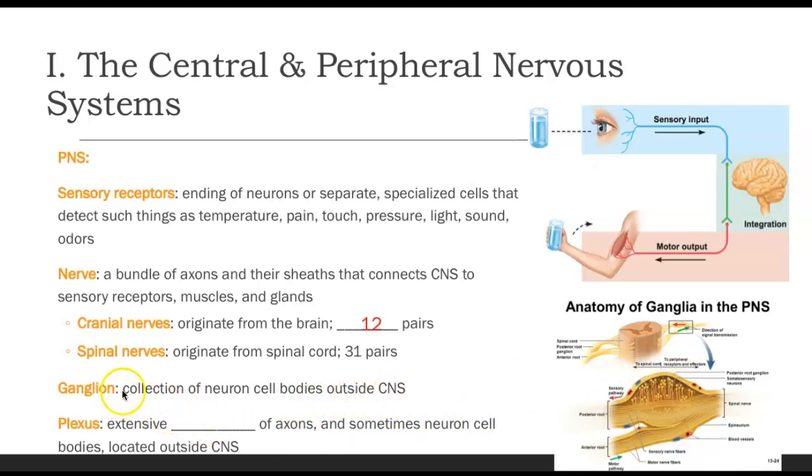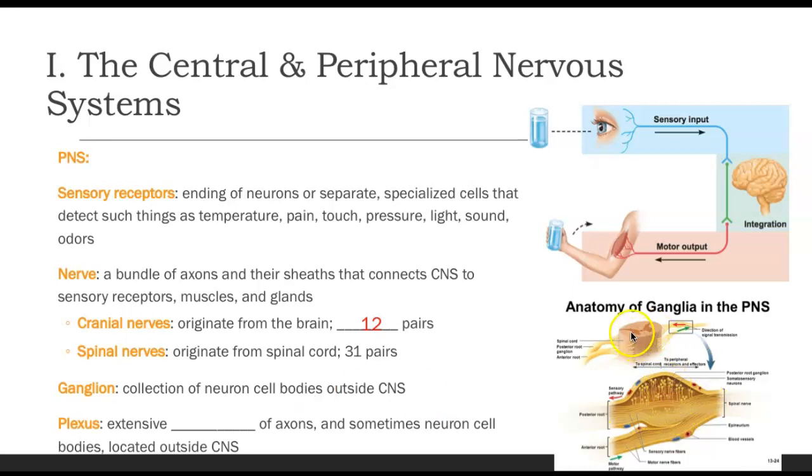Now this portion of the definition should sound familiar. This is essentially the same thing, except that this is found in the peripheral nervous system. If we found a collection of neuron cell bodies in the central nervous system, then we would use the term nucleus, right? Do you recall that?